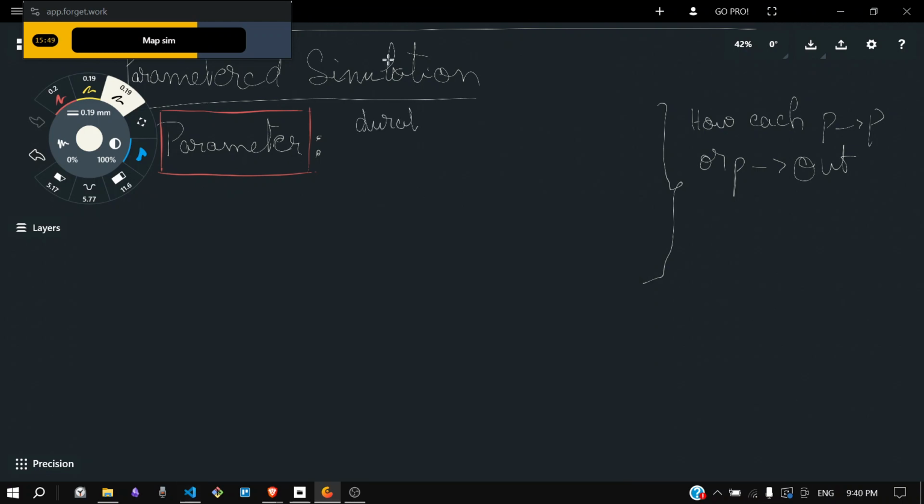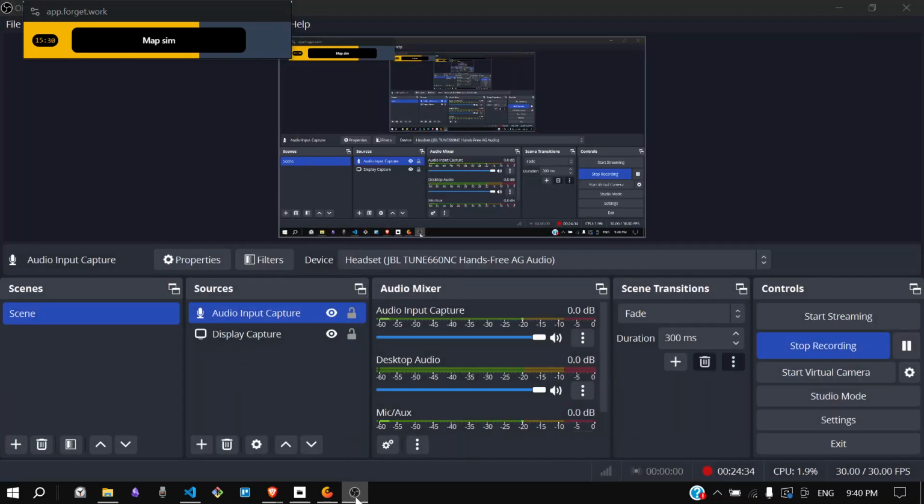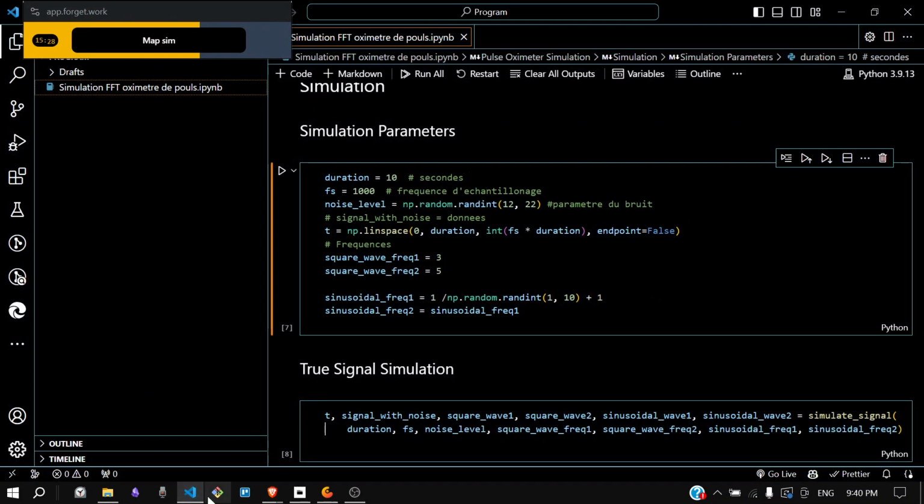Okay, so we have duration in seconds, sample frequency. I don't know what we use it for, but this is something that I need to understand.